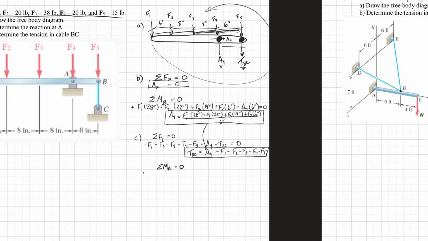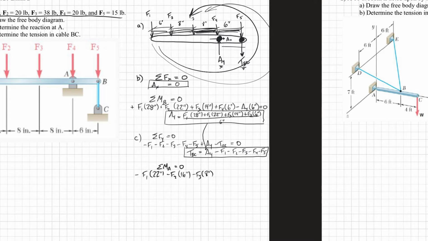F1. That's going to cause it to spin in a negative direction, times 8 plus 8 plus 6, that's 22 inches. Minus F2, same direction of spin, times 16 inches, minus F3 times 8 inches, because that's that distance right there.